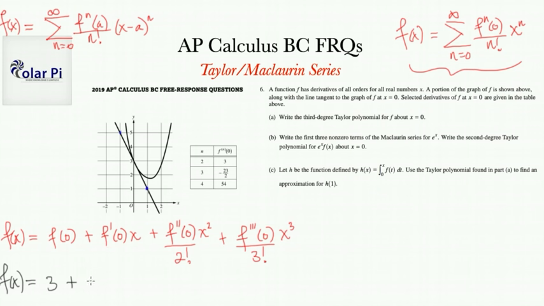Okay, so we're going to write -2 and then x, right? And that's probably best written as -2x, right? And then plus, otherwise, f double prime, that's when n is equal to 2, right?